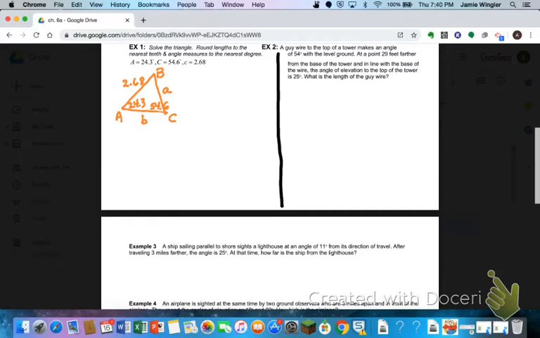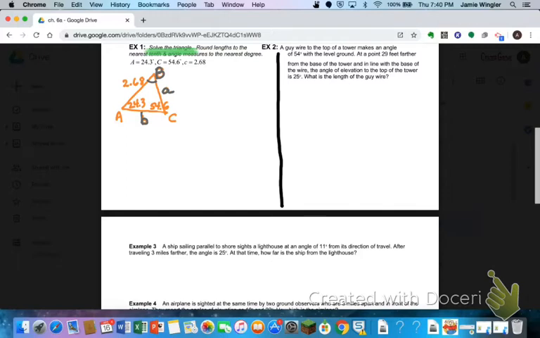We are told to solve the triangle. When the directions just say solve the triangle, that means you have to find any missing part. For us, that means we're going to have to find side a, angle B, and side b. Those are the missing parts. To do this, we look at the setup.